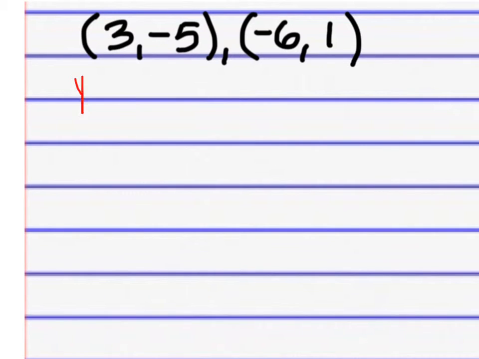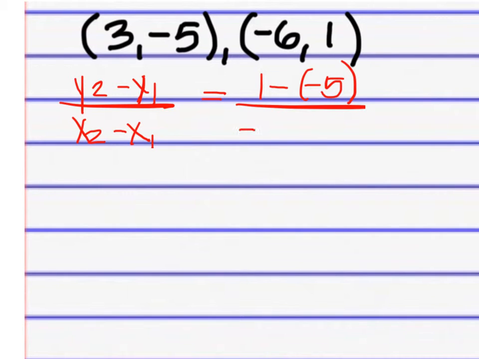The formula is y2 minus y1 over x2 minus x1. That translates into 1 minus a negative 5 over negative 6 minus 3. 1 minus a negative 5 is 6. Negative 6 minus 3 is a negative 9. This is not your answer.